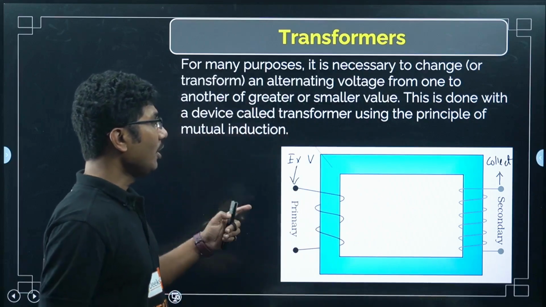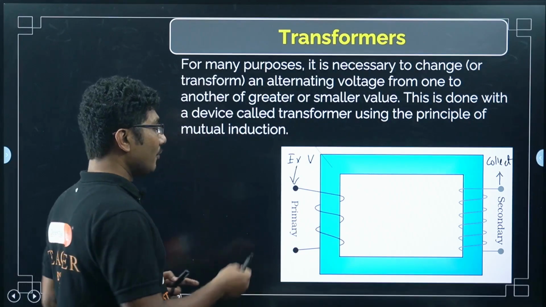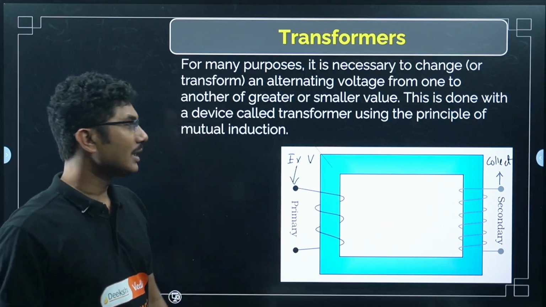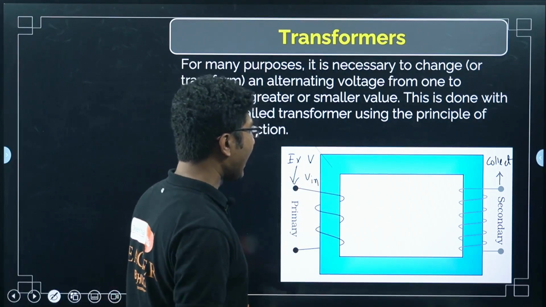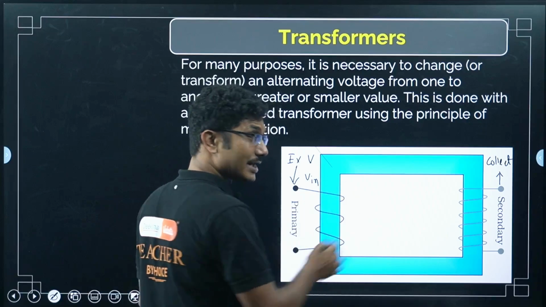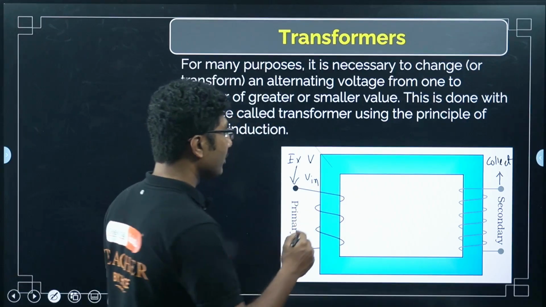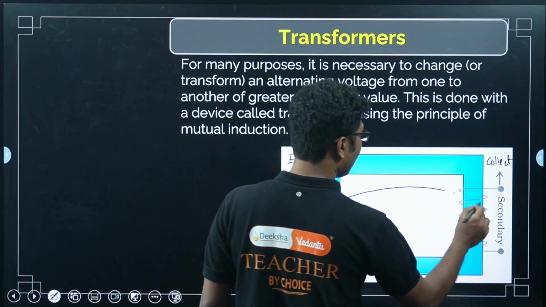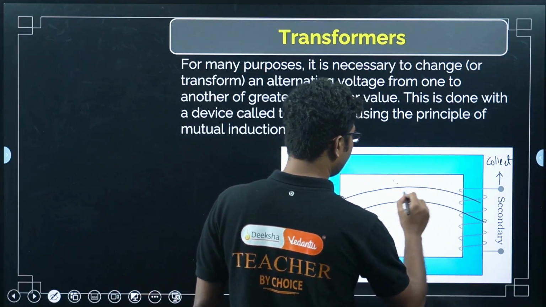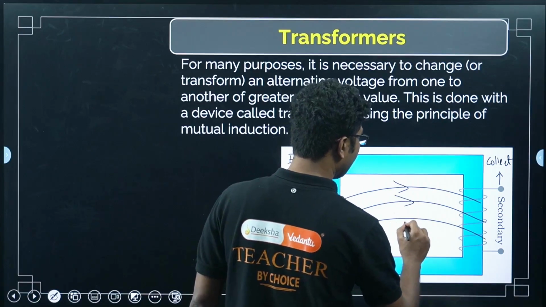So what does the transformer do? When you apply some voltage, say V in, and the voltage is continuously changing, the flux coming from this coil generates a magnetic field.